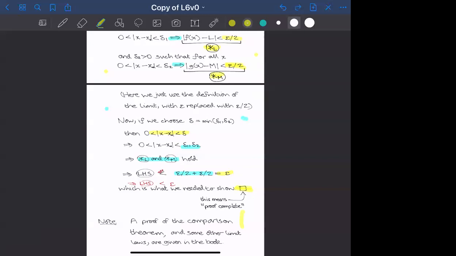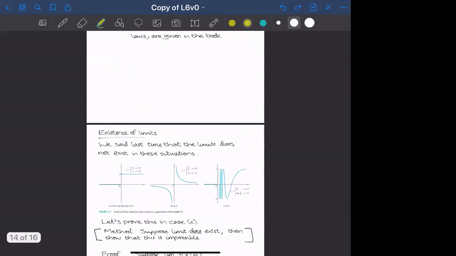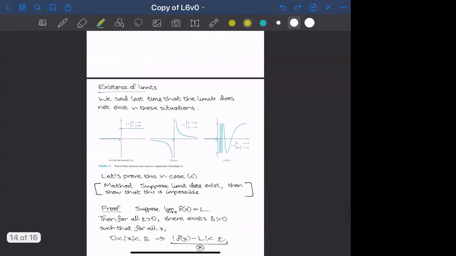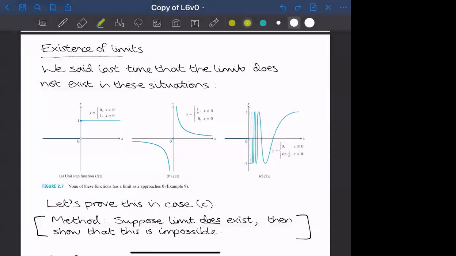So, what next? We've used our precise definition of limits to prove that limits exist, but also sometimes limits don't exist.